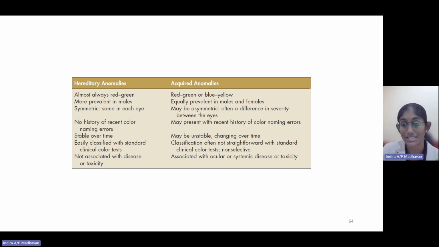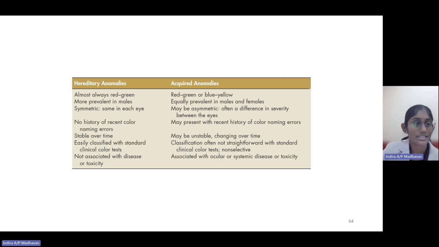Recently only I'm experiencing this. Then it is acquired. A hereditary anomaly is stable over time, meaning after birth, maybe after 1 or 2 years, it is stable. While acquired anomalies may be unstable, changing over time according to the progression of the ocular condition or the dosage of the drugs that they are taking.